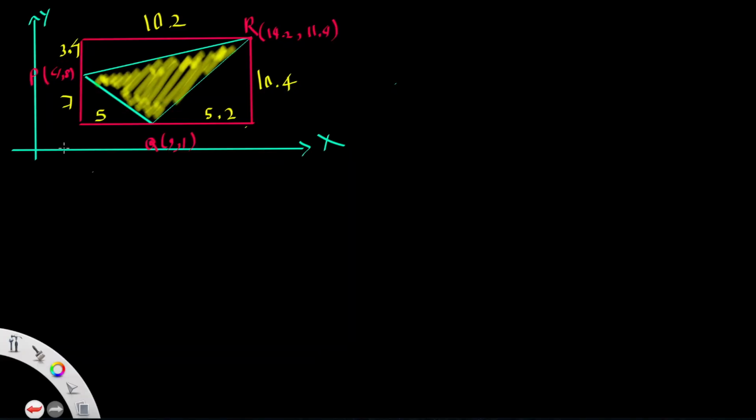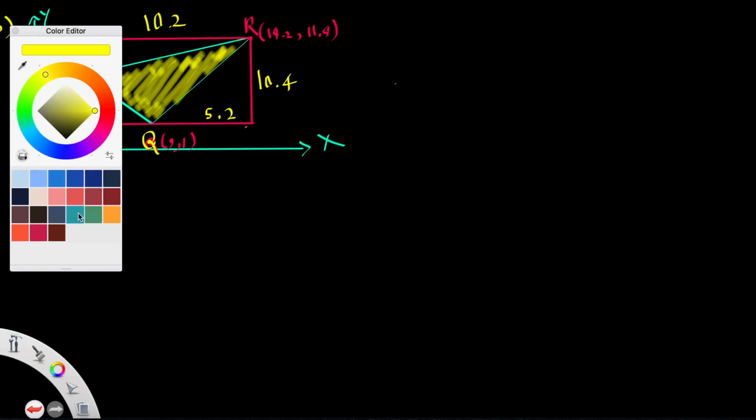In the second part, part B, you are asked to find the area of triangle PQR. As we don't have an angle, you cannot use the formula which uses trigonometry to find the area, and it's not a right angle triangle to use base times height. So as you see here, we have the coordinates of P, Q, and R. I make a rectangle as you see in the diagram.